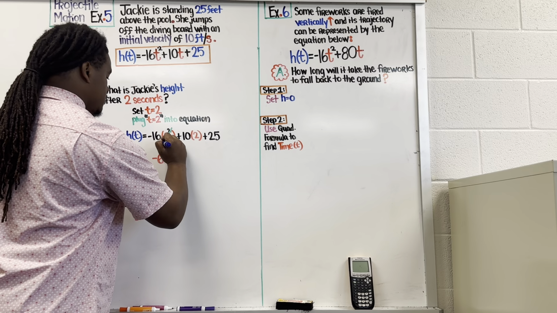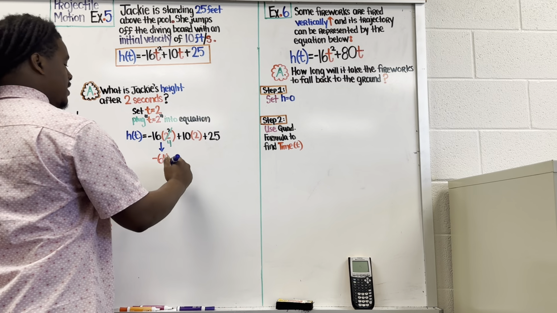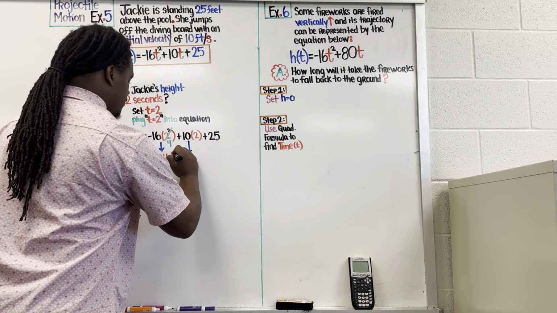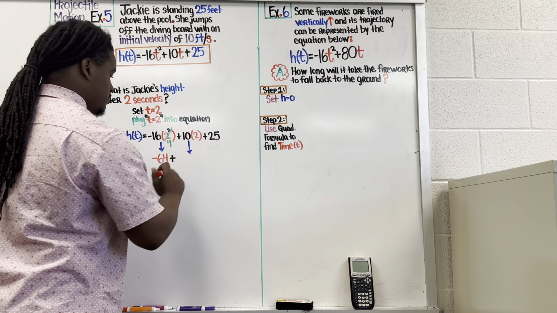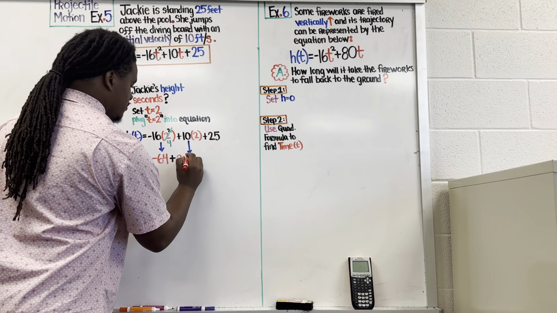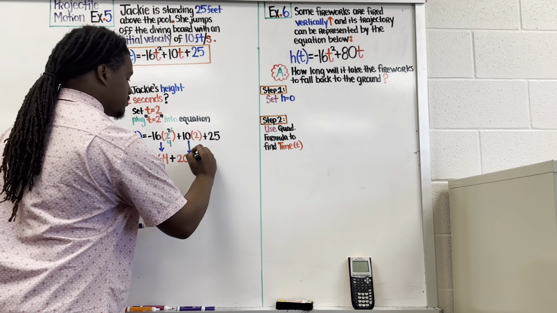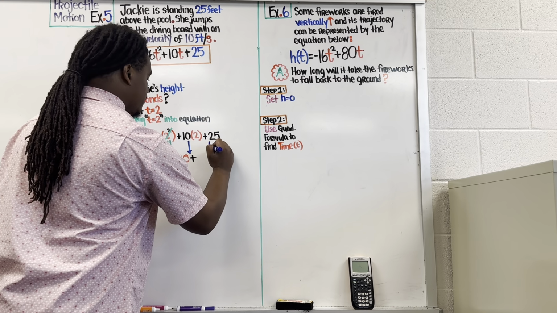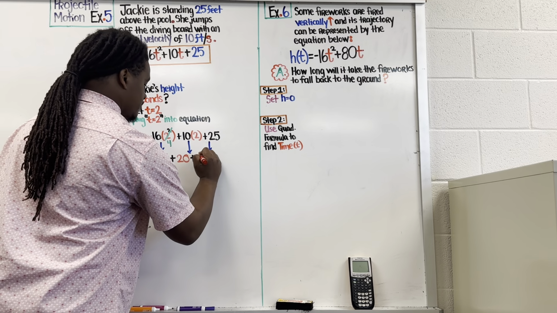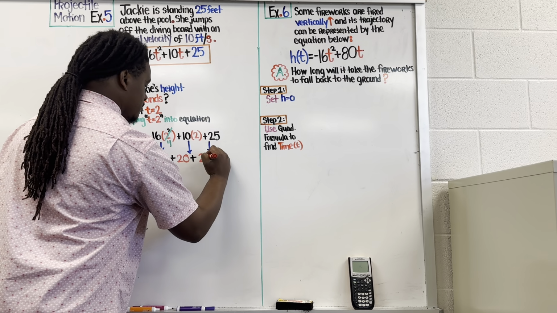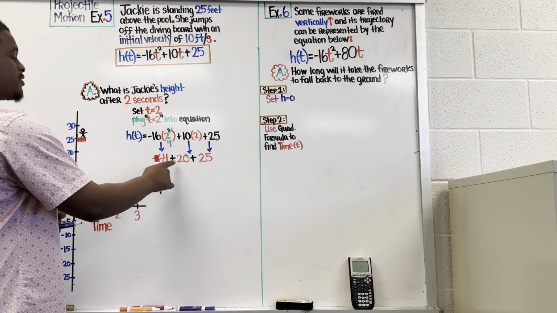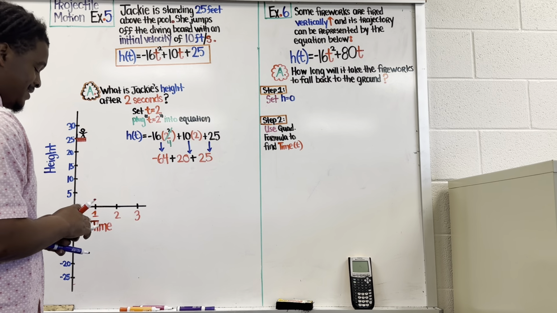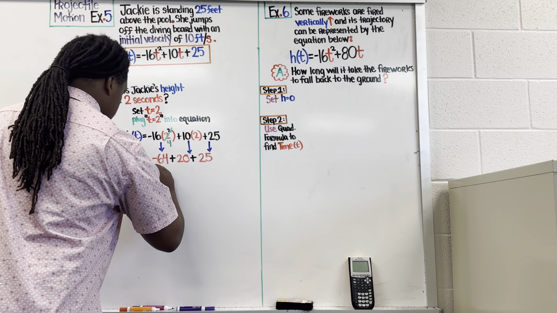Of course, we know that 10 times 2 is 20, so it's negative 64 plus 20, plus this 25. We bring down that 25. Negative 64 plus 20 is negative 44, and negative 44 plus 25 is negative 19.